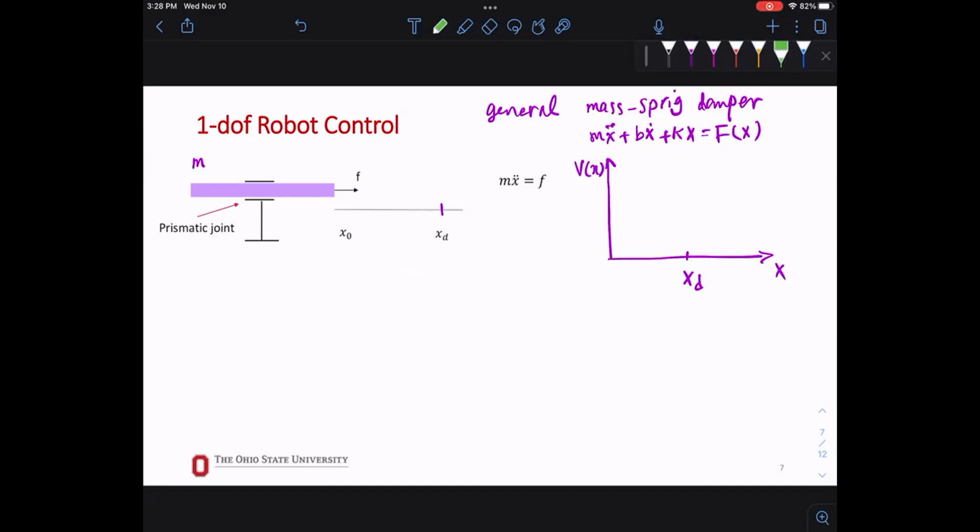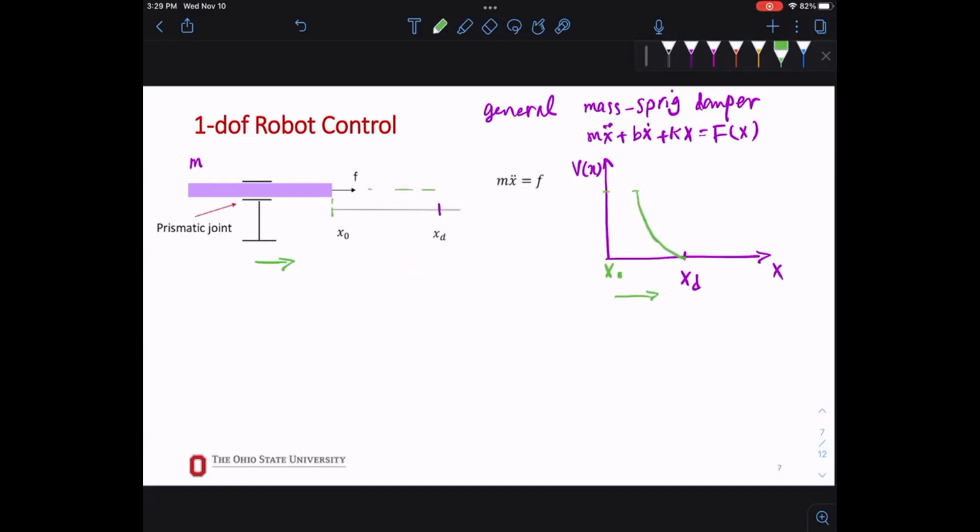Once the mass starts moving, let's say in this direction, so let's say this was x0, we started at x0. Our potential energy will decrease, and then once the mass reaches x desired, that's where we have to stop, right?